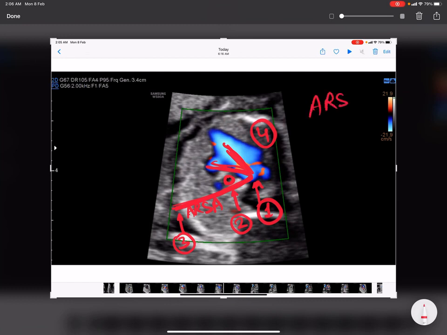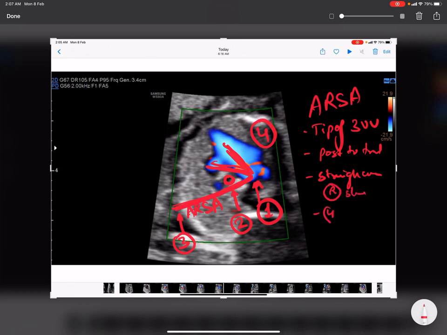The first point of the ARSA is that it would be coming at the tip of the V confluence. Second point, it would be posterior to the trachea. Third point, it would take a straight course towards the right shoulder.